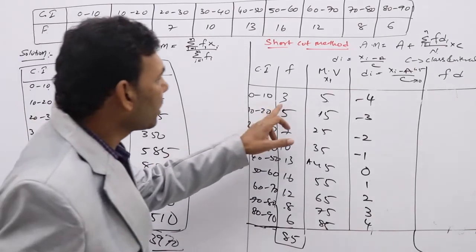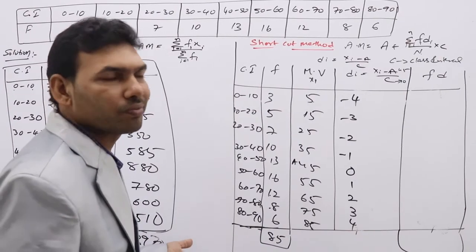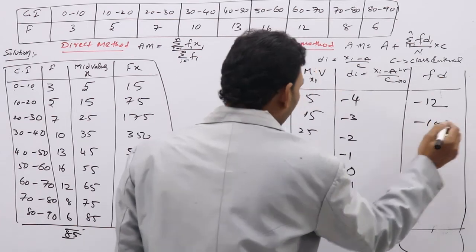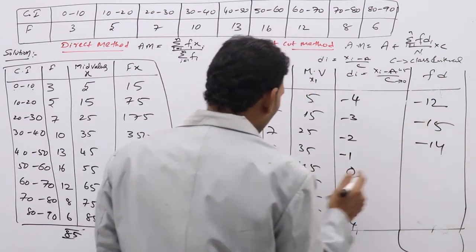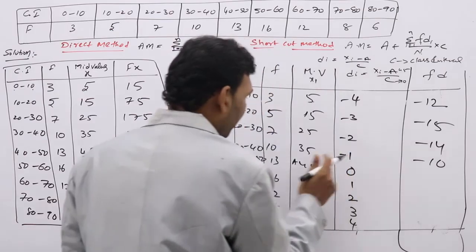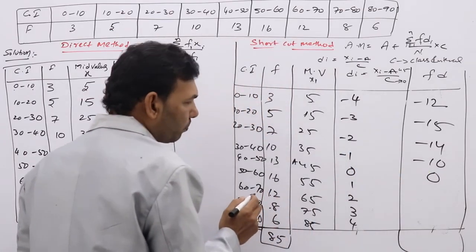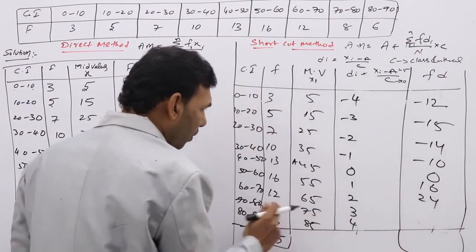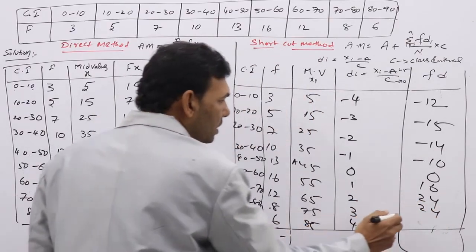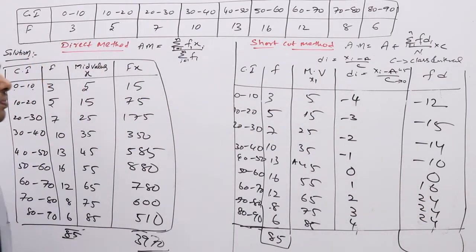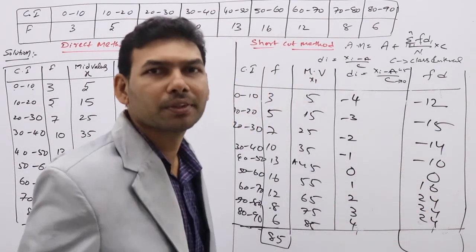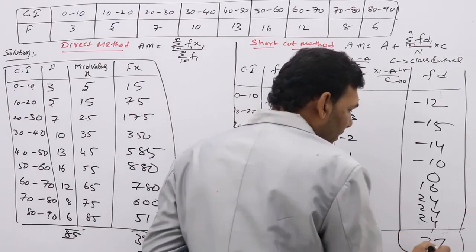But here: 3 4s are 12, 5 3s are 15, 7 2s are 14, 10 1s are 10, 13 into 0, 0, 16 into 1, 16, 12 2s are 24, 8 3s are 24, 6 4s are 24. Now add all these values: add the negative values, add the positive values, and subtract. Then you will get 37.